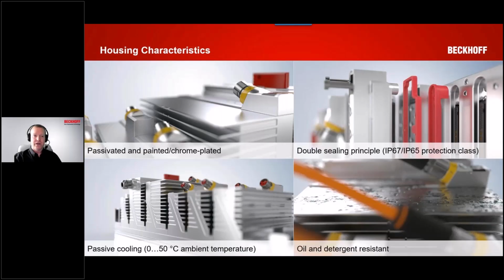The passive cooling, we'll see that, and we'll talk about that a little bit more in a minute. But then this last one that maybe is a little unique to some of you all, it's the passivated and painted or chrome plated characteristic of this housing. The idea of passivation, right, is to create a protective layer to shield from corrosion.